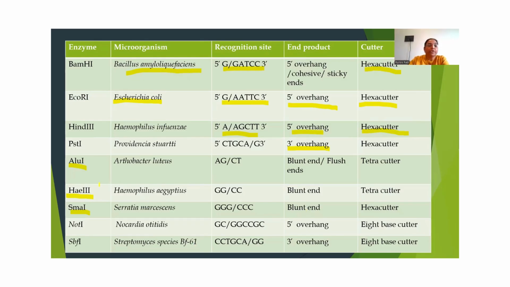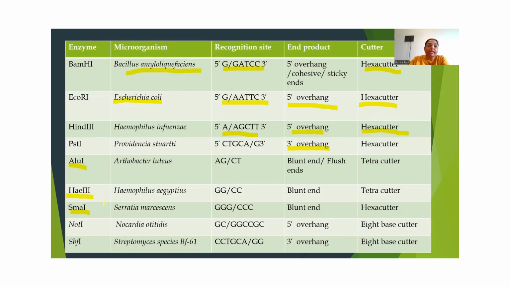Now here when you look at AluI, its recognition site is AGCT, and it is going to cleave in between the G and C. So when there is a cleavage, it is going to separate into AG and CT. Both of them, AG and CT, are base paired, and that's why the ends will be called blunt ends.